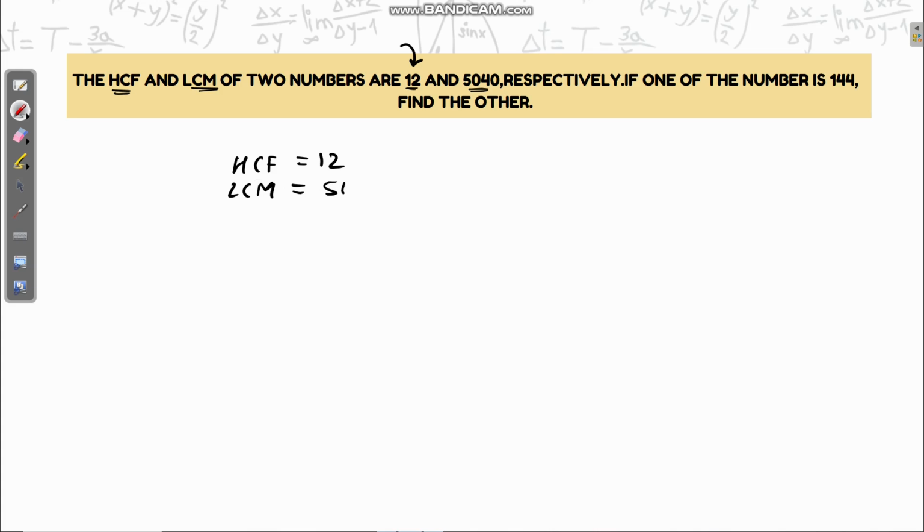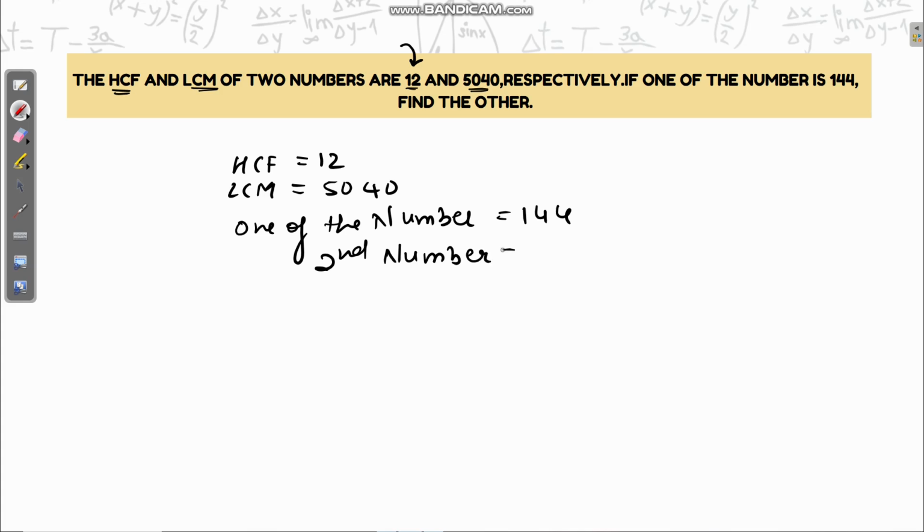LCM is 5040. If one of the numbers, so we know one of the numbers, okay, let's write down one of the numbers is 144, we have to find the second number. So we don't know the second number, I can put X over here or question mark.